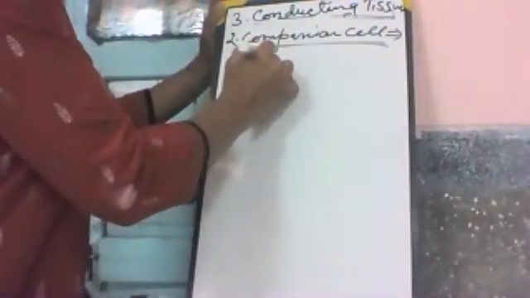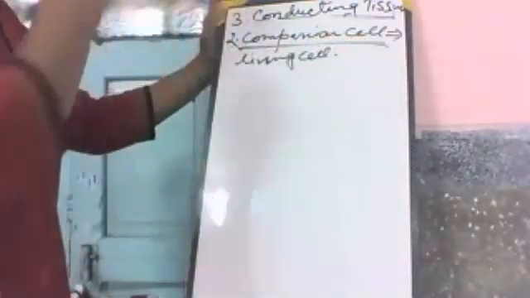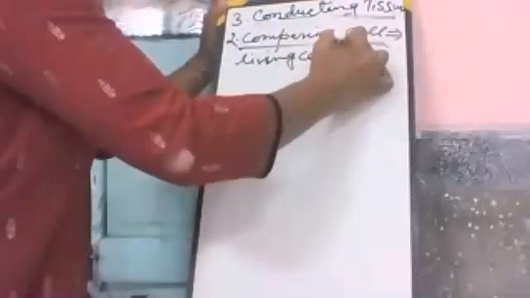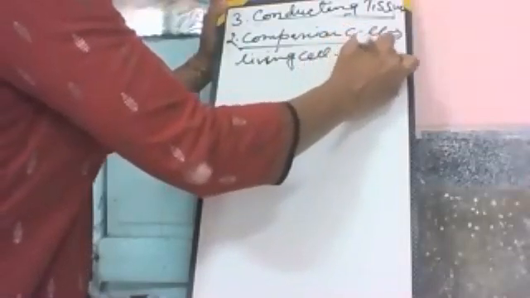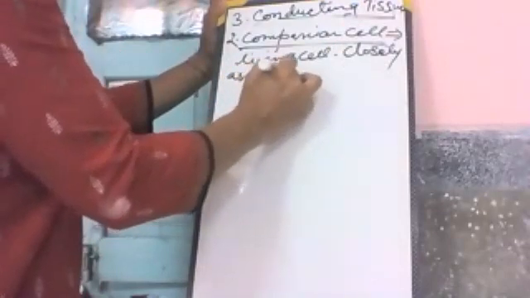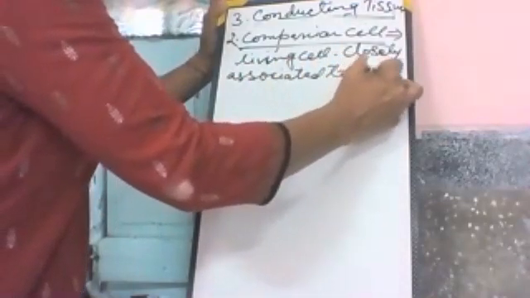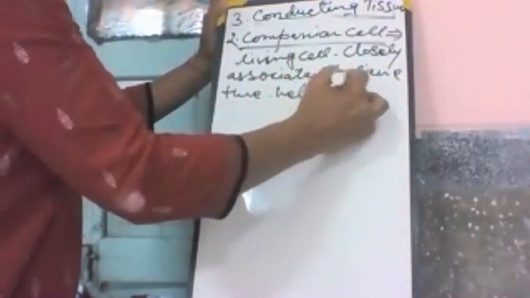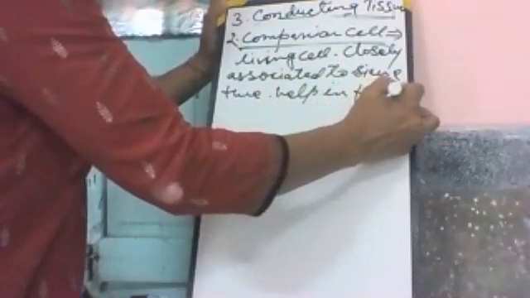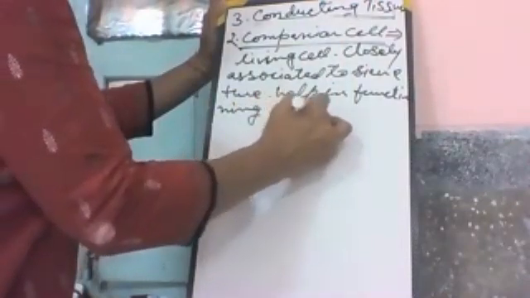They are living cells, and they are closely associated with sieve tubes and help in the functioning of the sieve tube.